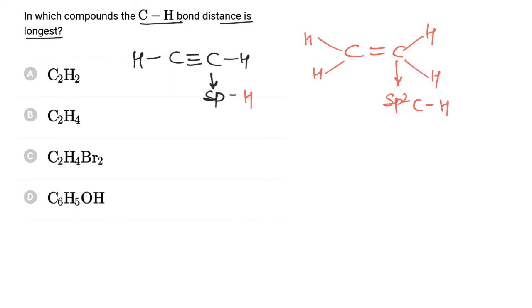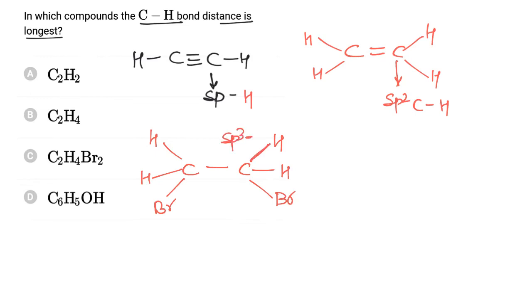In the third case, we have C2H4Br2. In this molecule, the carbon hydrogen bond is formed between sp3 hybridized carbon and hydrogen. In the fourth case, we have phenol, and in phenol molecule, the carbon hydrogen bond is formed between sp2 hybridized carbon and hydrogen.